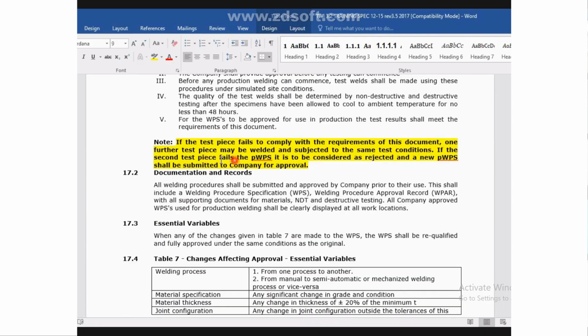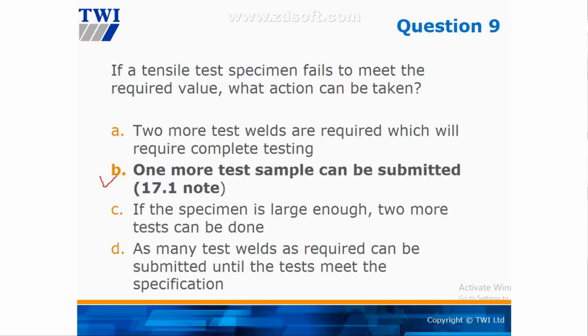If the second test piece fails, the preliminary is to be considered rejected and new preliminary shall be submitted for company approval. So from here, we get the answer.